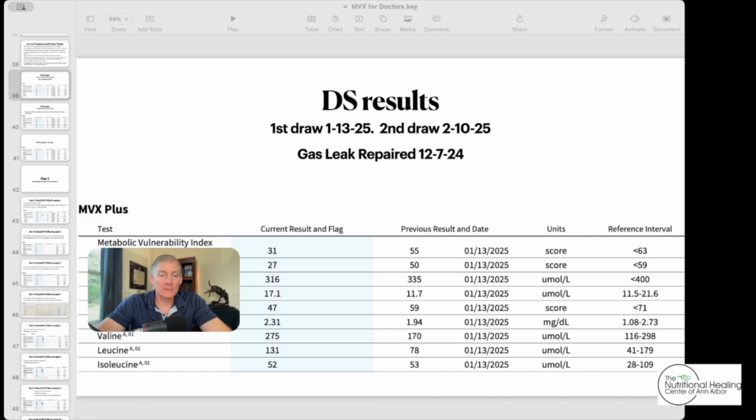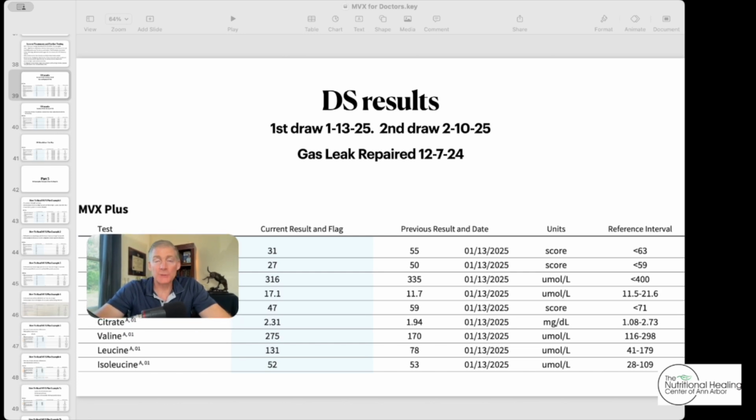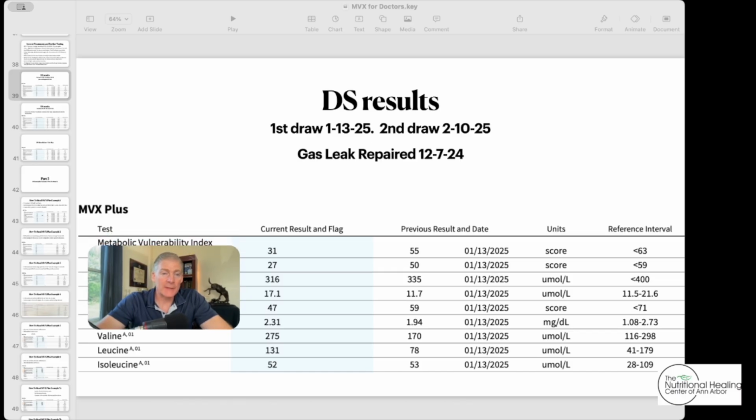And these are called the branched chain amino acids. And they are unique as far as all 20 amino acids, and they signify malnutrition. Just like citrate is malnutrition for the mitochondria in your cells, these branched chain amino acids are malnutrition for your whole body. So when I say malnutrition, I'm talking about too much sugar, not enough protein.